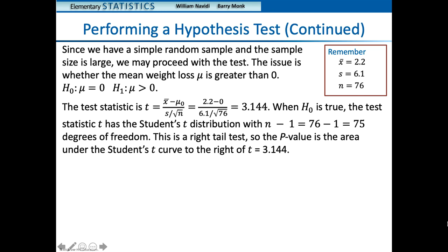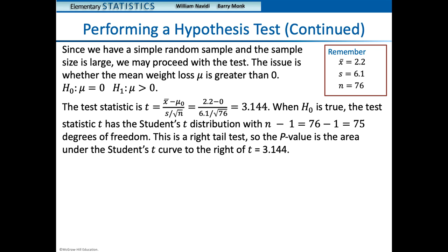The sample standard deviation S is given as 6.1, and the sample size n is 76. So when we work that out, we get 3.144. So we say that when the null hypothesis is true, the test statistic t follows a student's t-distribution with 75 degrees of freedom, because 75 is one less than the sample size.